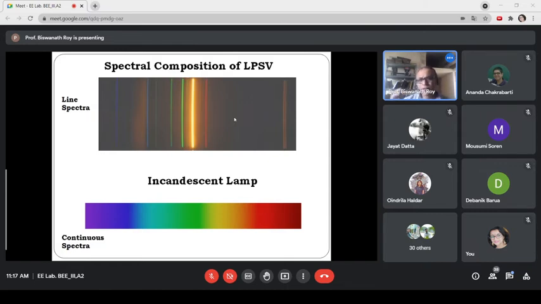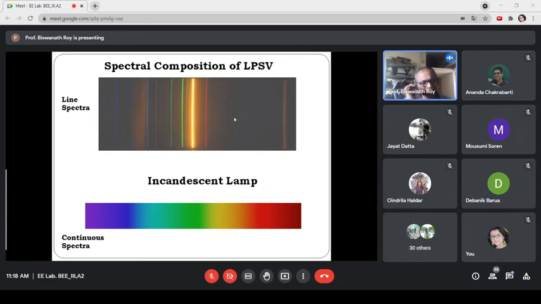Then the drum is smoothly rotated in the opposite direction to bring different colors one by one to coincide with the vertical line.